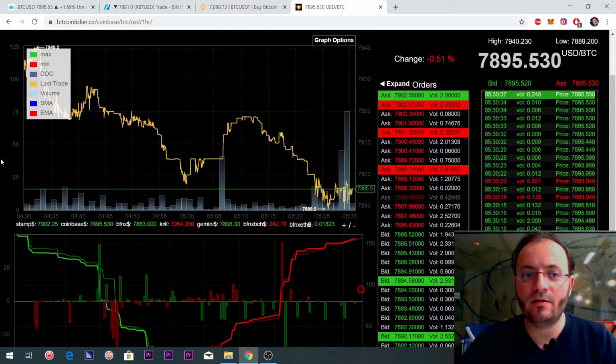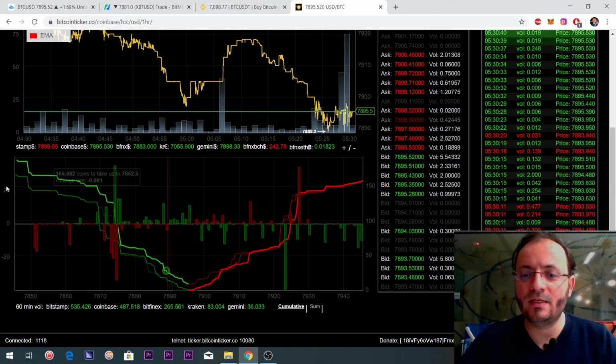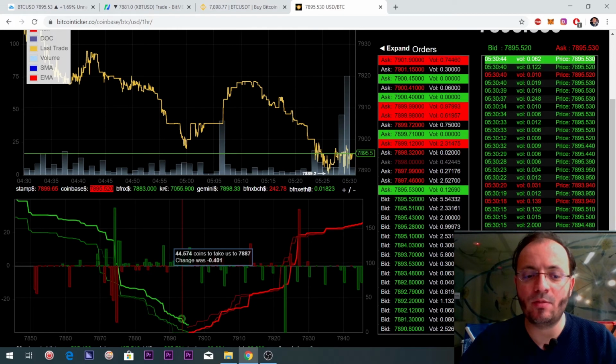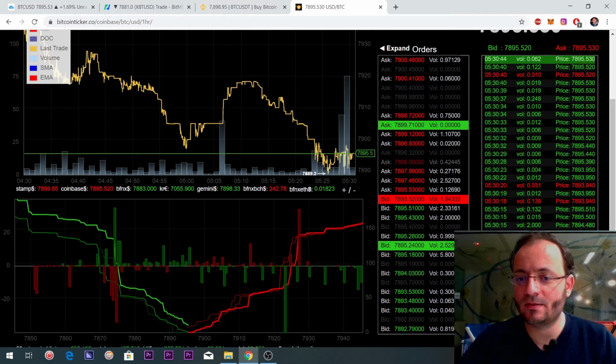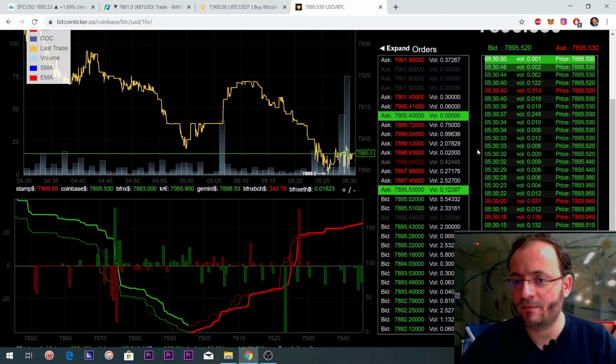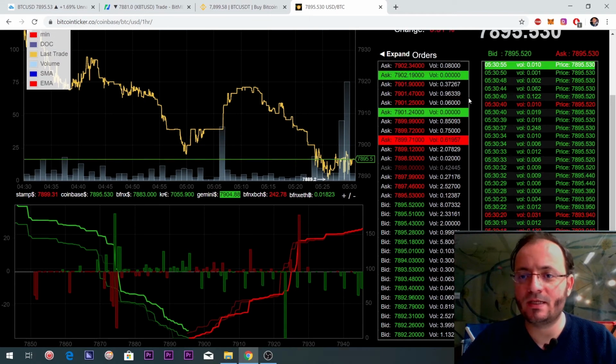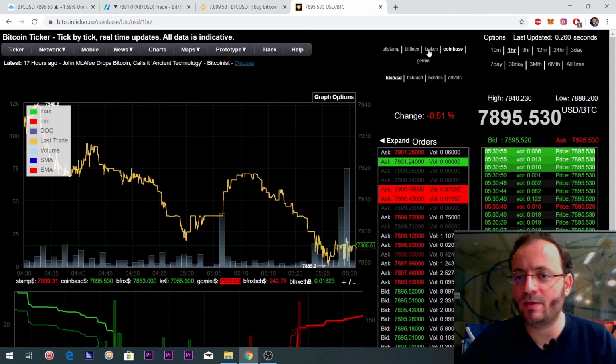Looking here at the Bitcoin ticker, you will see the difference between the buy orders and the sell orders. The buy orders are in green, sell orders in red, and you can see the volume of the buys and sells. This is on Coinbase.